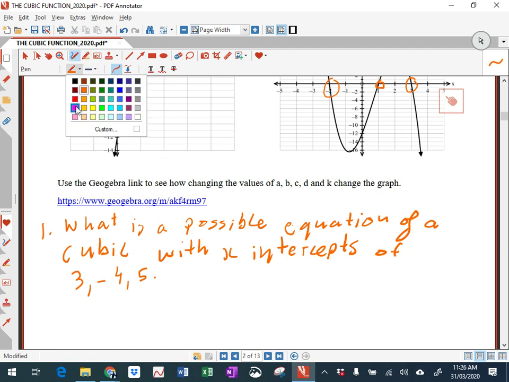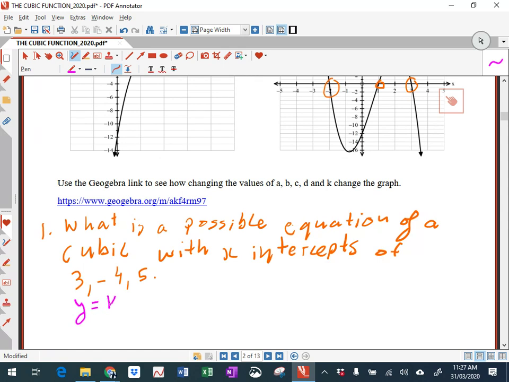All right, now let's change colors. So what's a possible equation? Well, I know that if I've got the 3 intercepts, I know that it's in factored form. X minus A, X minus B, X minus C. Okay, now A, B, and C are the intercepts. So let's take the first one.